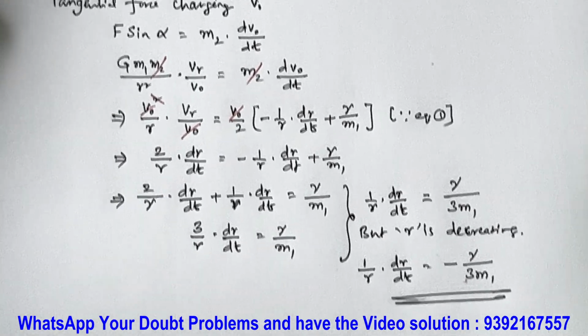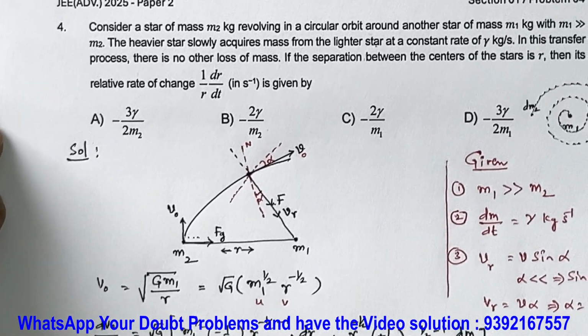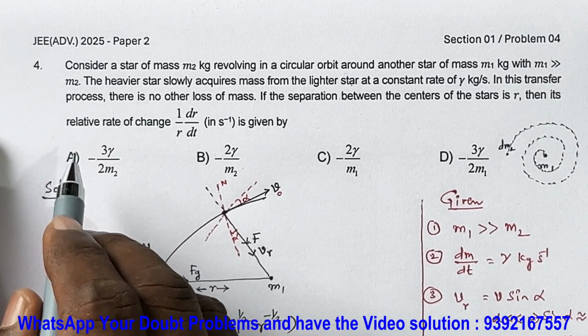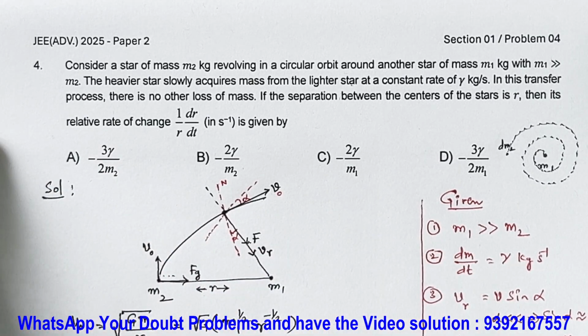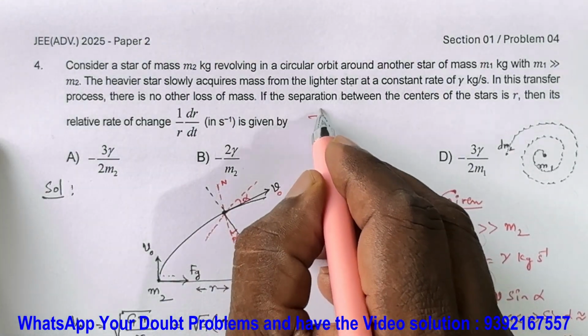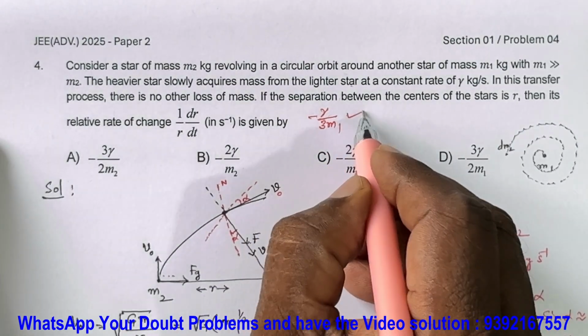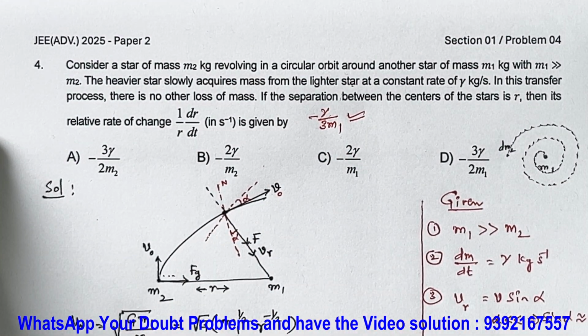Let us see which option is correct. For question number 4, no option is matching with this one. We got minus gamma by 3m1. So this is the correct answer, but no option is there. Maybe you are going to get bonus marks for this question.